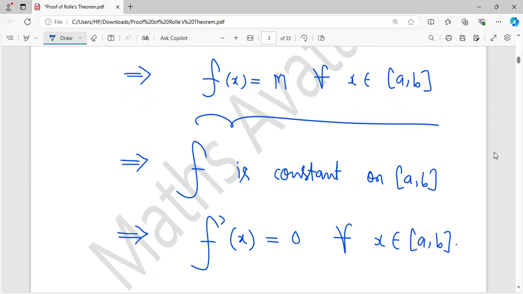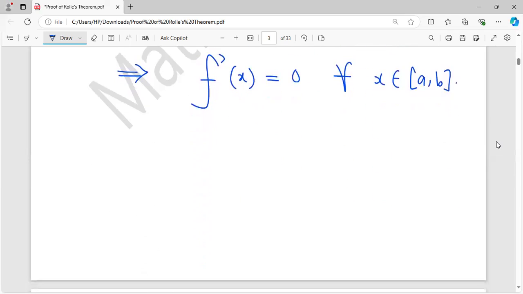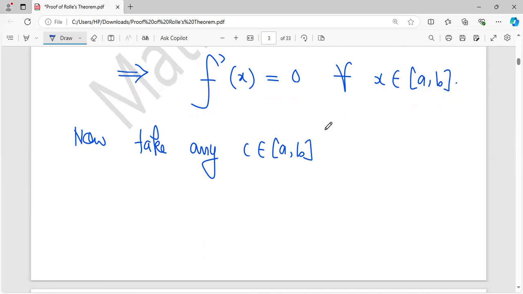Now you can take any x, c is equal to x. Now take any c belongs to open interval (a, b).